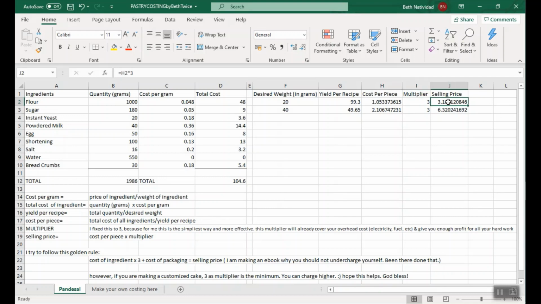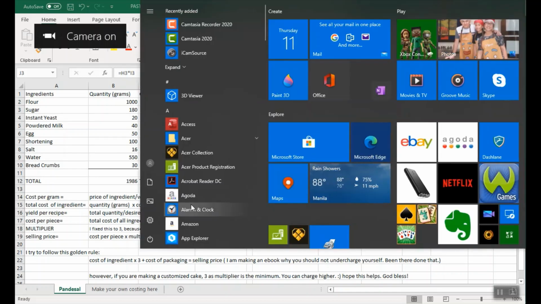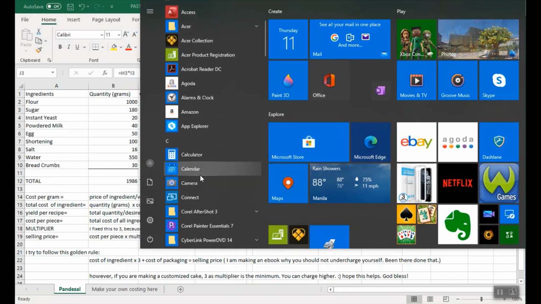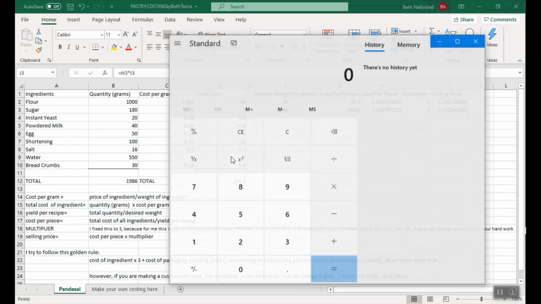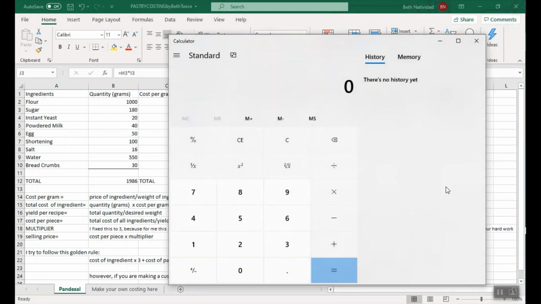So, ayun. So, example, for my pandesal, it's 6 pesos, diba? So, what I do is, I pack them in a box of 10. So, since 6 pesos, I'll check for the calculator talaga. Pwede namang calculator, pwede mo rin gawin dito sa Excel.